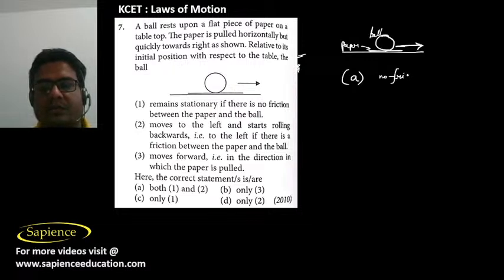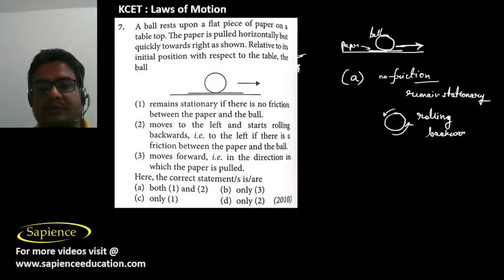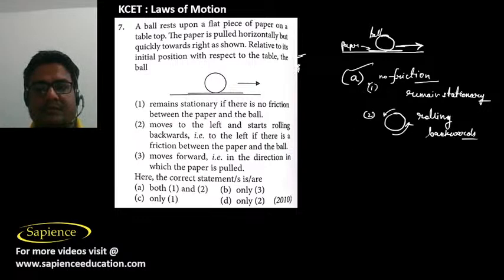And if friction is present between the paper and the ball, then the ball will start rolling backwards. So it means statement 1 and statement 2 are correct. So option A is the answer.